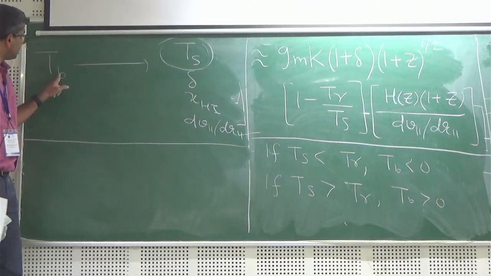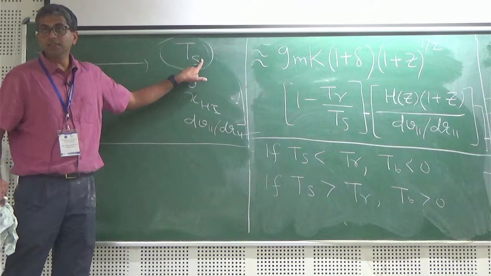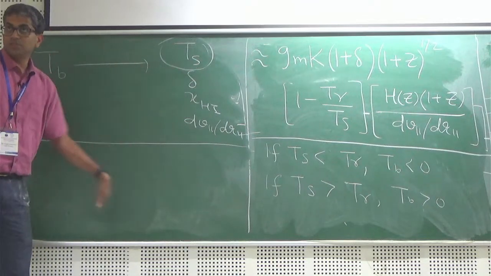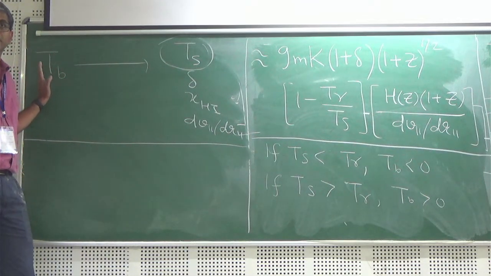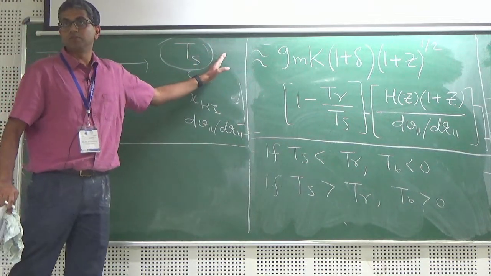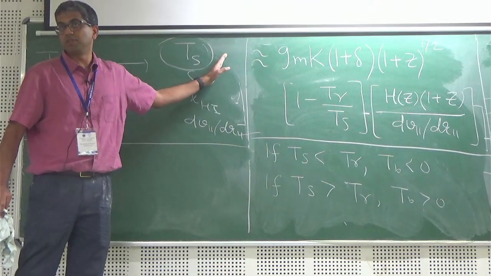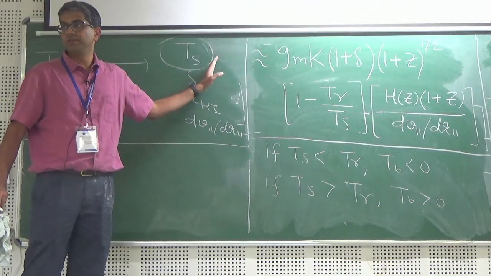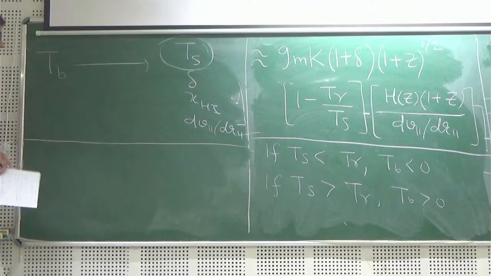If I understand the relationship between TB and TS, then by means of the statistical inference arrow, I can use the observational measurements of TB to measure galaxy formation or reionization, both of which is good. So this is the game that we play.